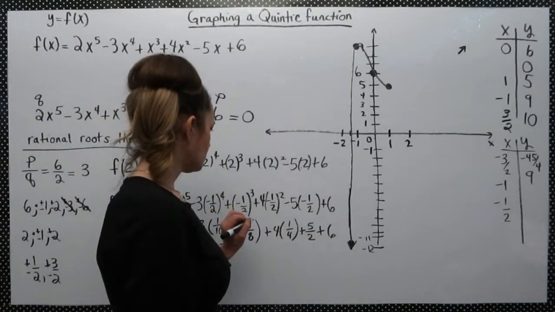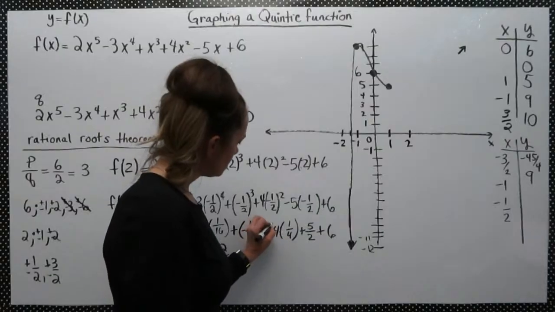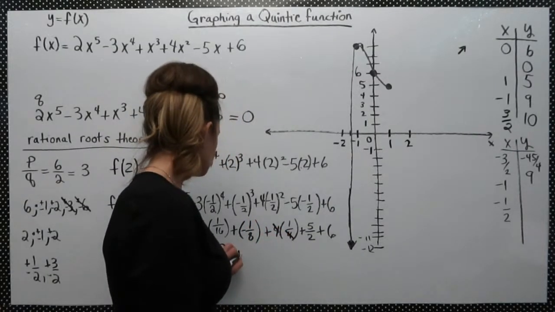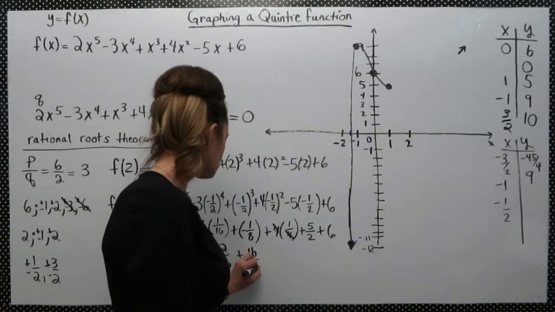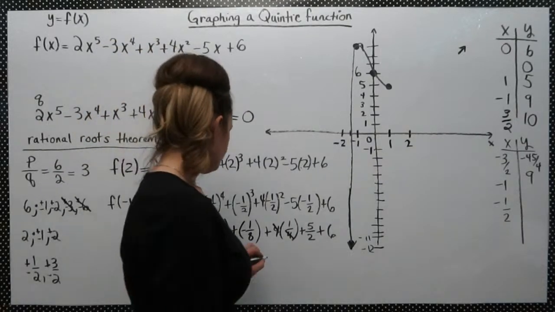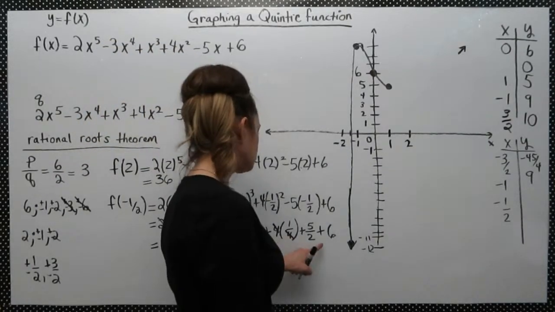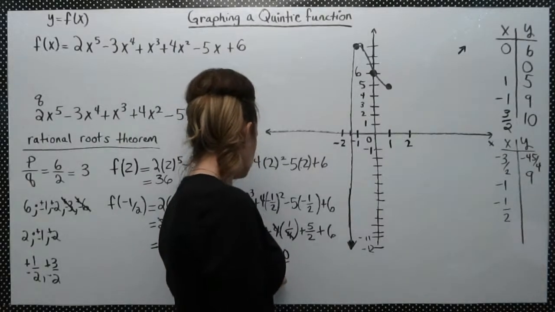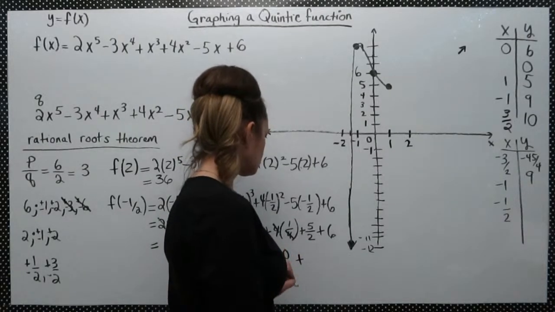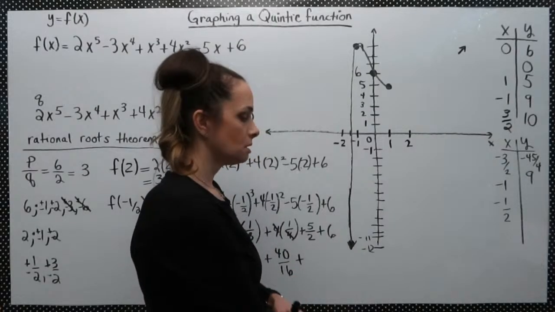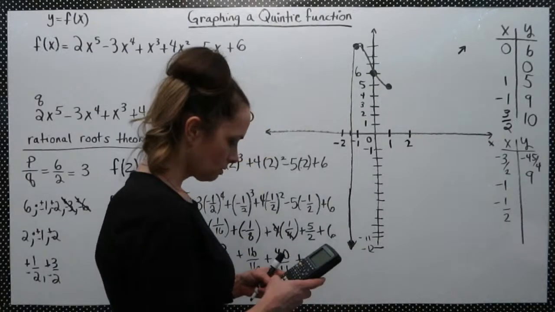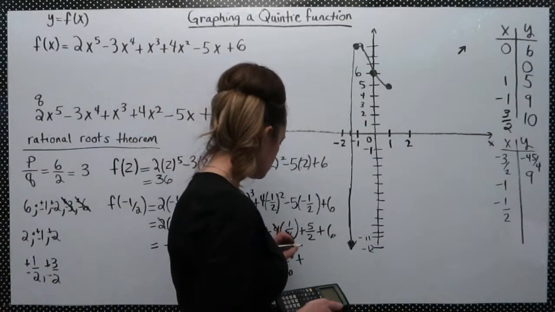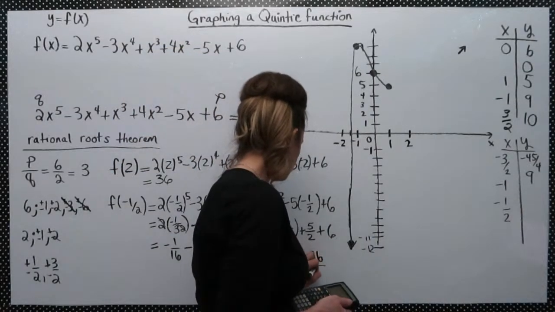So 4 times 1/4, we're going to reduce that one down to 1, and then we'll put that plus 16 over 16. And then let's see, 2 times 8 is 16, 5 times 8 is 40. And then 6 times 16, I'm going to use my calculator. 96 over 16.